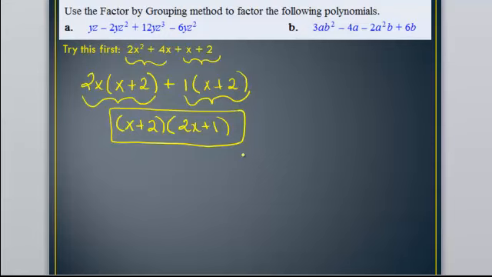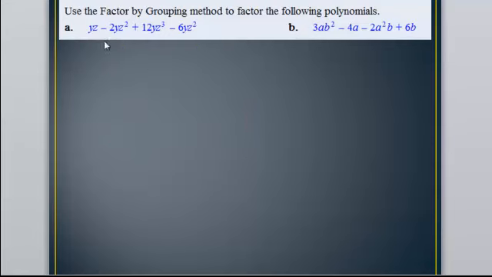Okay, so let's go back and see how we can do problems A and B. Let's start again. Now look at the first one. We know we need this to be 4 terms, which we have. We also know that we need to group them, and I want to do this in kind of a smart way. The first thing that I see is that there are some common factors which we need to factor out first.